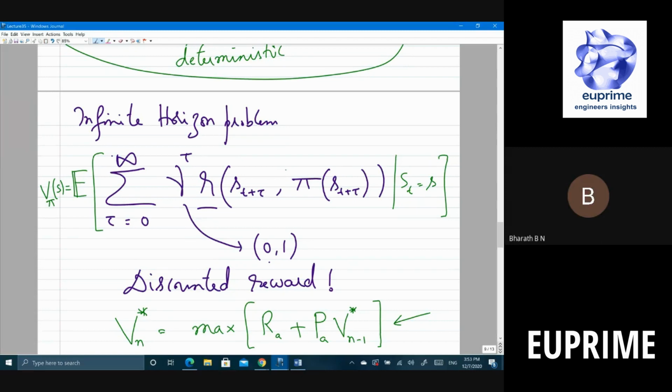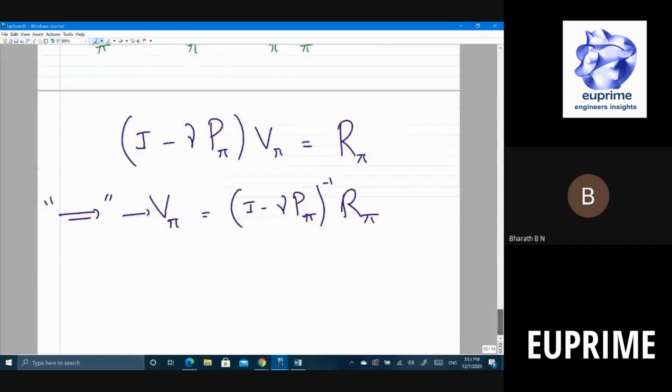The minimum value is 0, let's say. Then this value cannot be more than 10 by (1 minus gamma). If gamma is half, for example, it will be 10 by half, which is 20. So the maximum v pi that you can get, regardless of what state you are in, is 20, right? That will be the maximum.